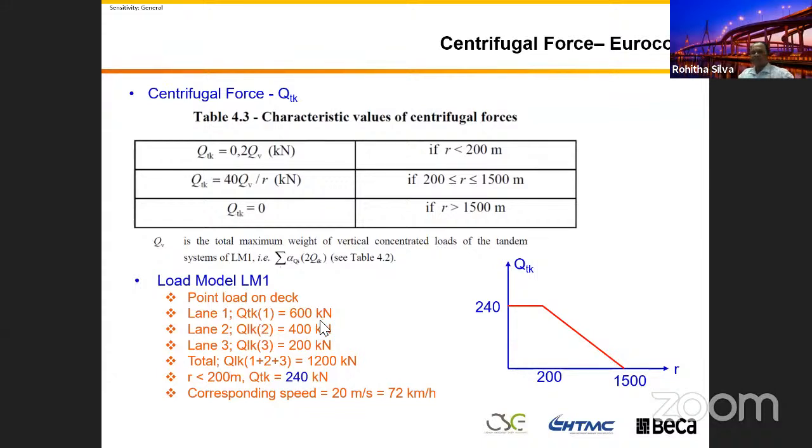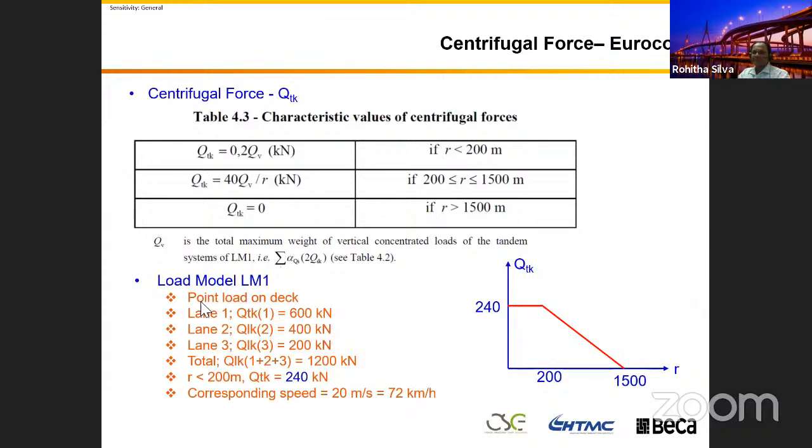That is 20% of 600, which equals 240, right? And then if it is between 200 and 1500 radius, you use this equation. The 0.2 varies down to 0. This is the graph, it linearly goes down.